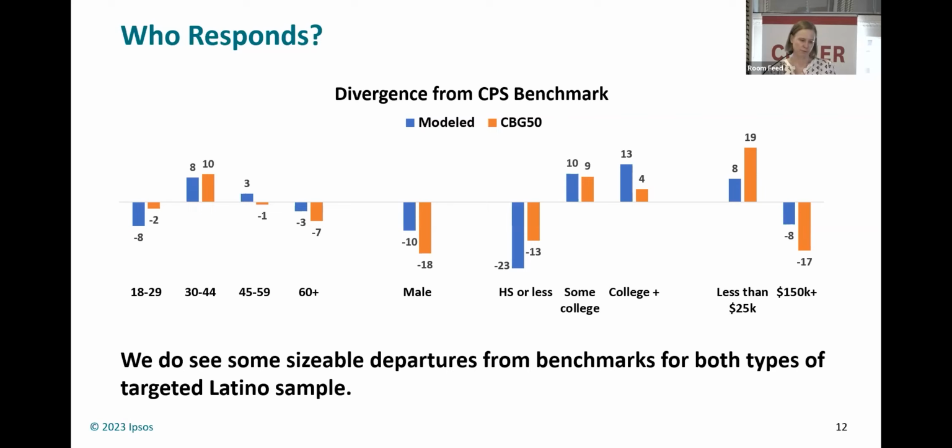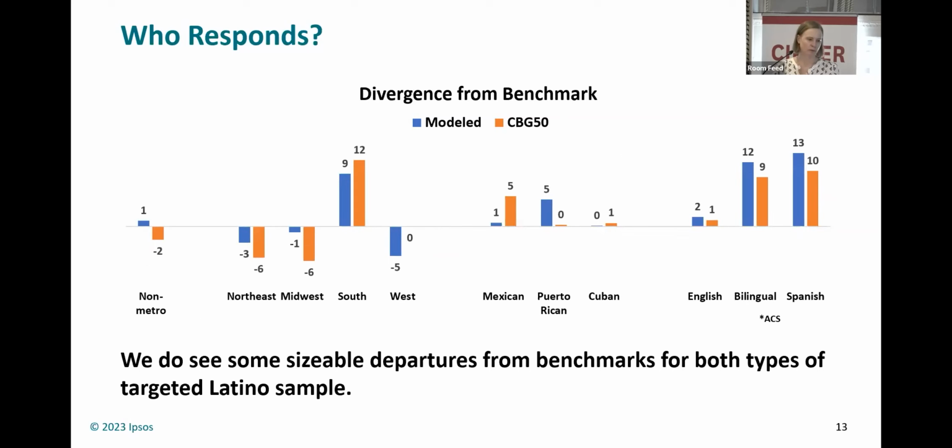Both of them, we were low on male. You can see the CBG 50 really overrepresented the low income and really underrepresented the high income. A couple different demographics. You can see here some region concerns.